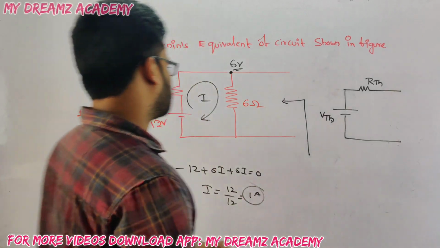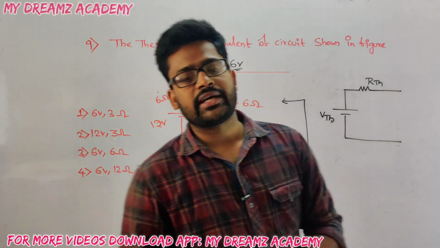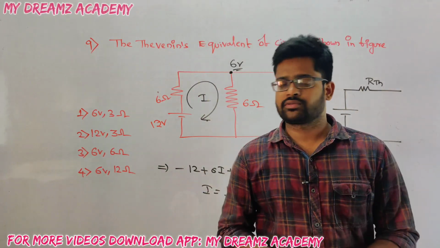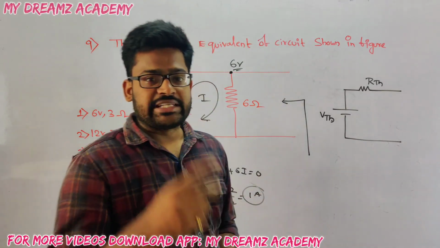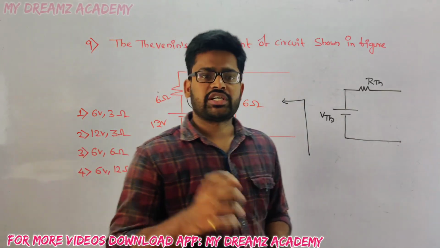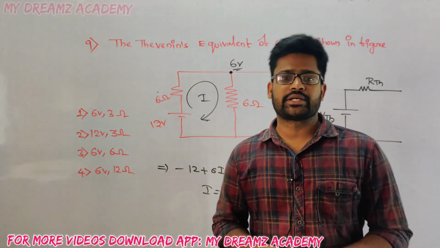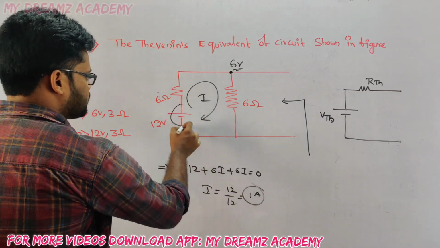Now we need to calculate R equivalent. How can we calculate R equivalent? We need to suppress the load and suppress the sources. If it is a voltage source, we need to short circuit it. If we have a current source, we need to open circuit it. Here we have a voltage source, so short circuit this one.